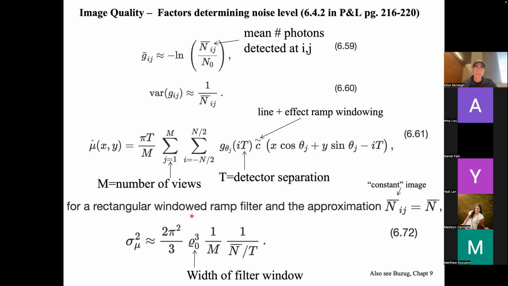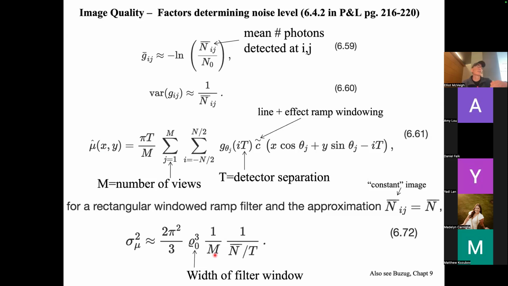He basically comes out with this final result: the sigma value you're going to measure in the background, sigma squared at a position, is proportional to 1 over m, where m is the number of views. So if I double my number of views, sigma squared goes down by half.